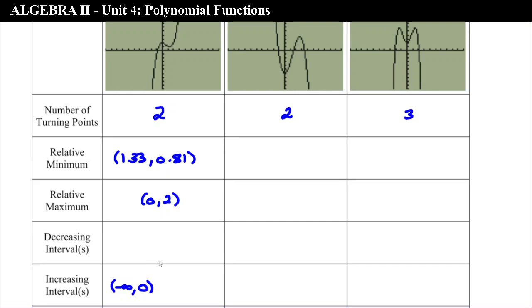All right, that's our first increasing interval. Then we're decreasing from 0 to our minimum, which is 1.33. So 0 to 1.33. And then we start increasing again. So we pick up our increasing interval at 1.33, and it goes on to infinity. And there we've gotten our increasing and decreasing intervals from our approximations.